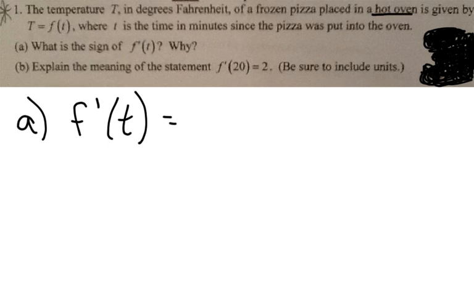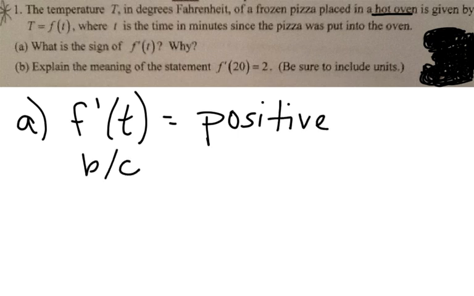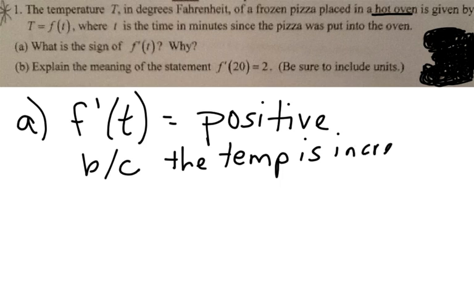Well, the temperature is going to increase as it's in the hot oven, so the sign would be positive because the temperature is increasing. So that's kind of referring back to what we learned in our graphical analysis unit. A derivative is positive. We have an increasing function.